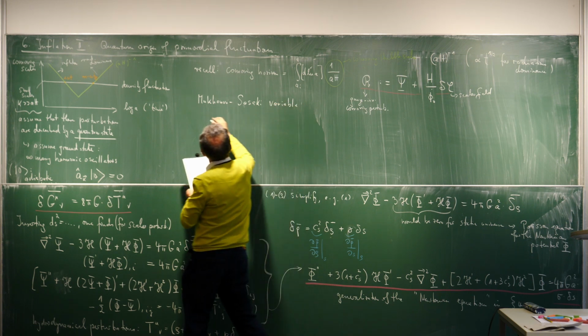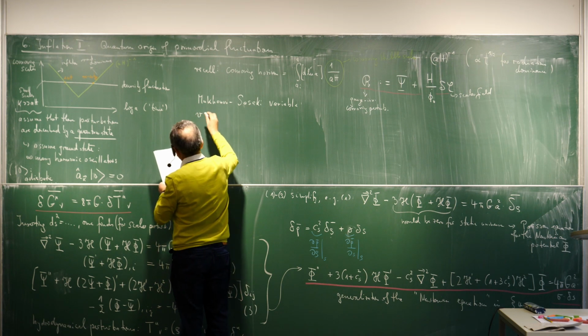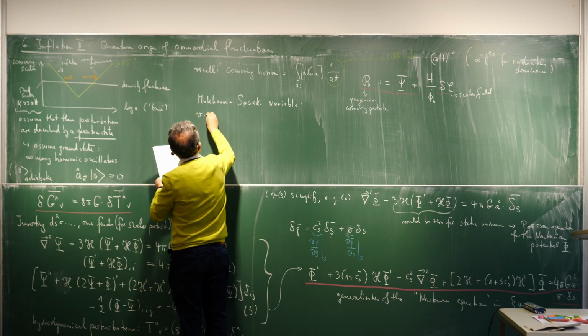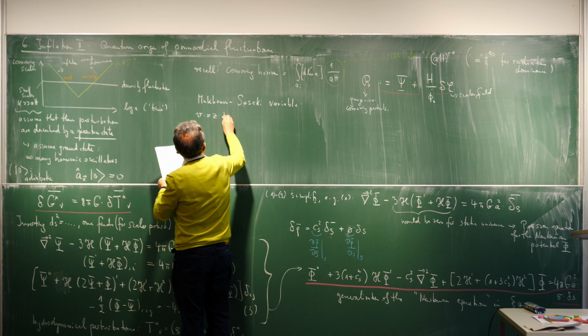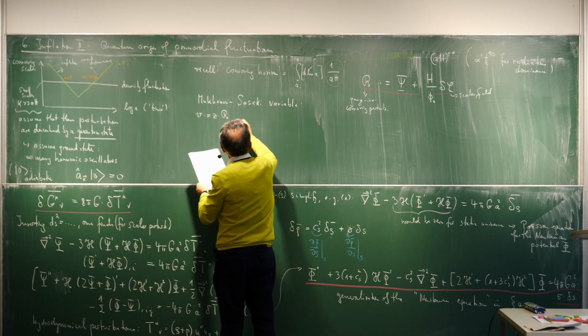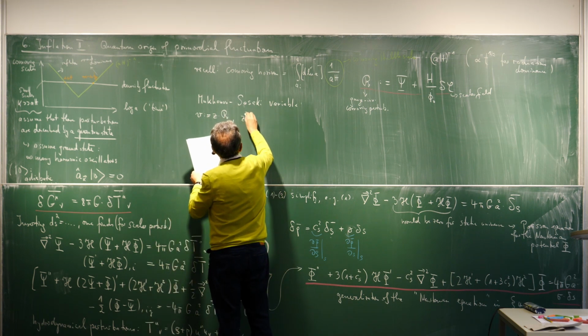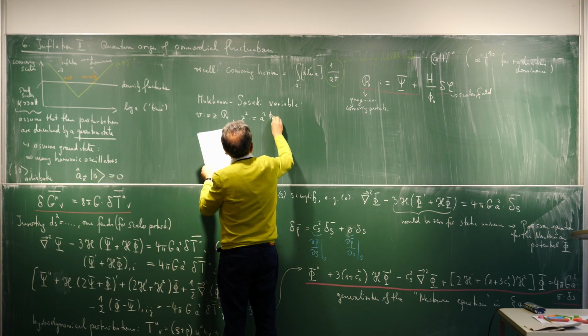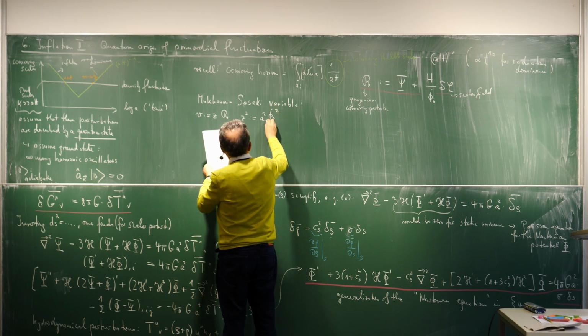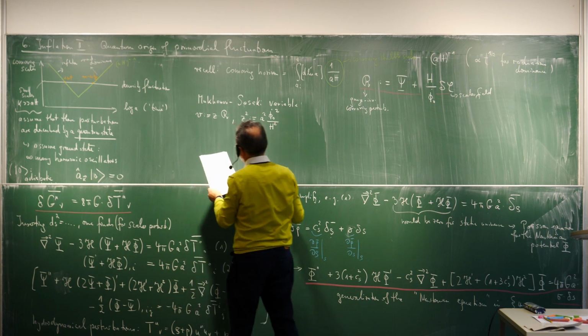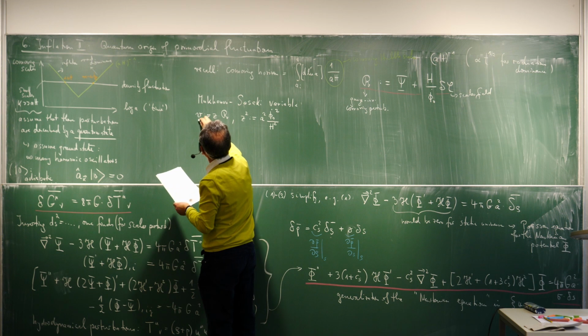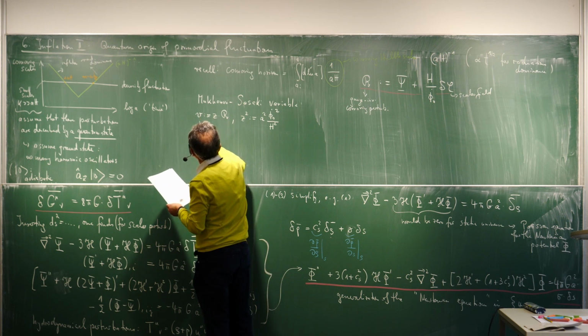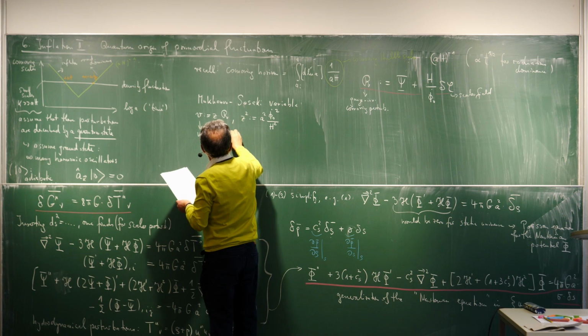For the scalar modes, it's mostly called v, which is defined as z times R. So it's related to this, but this z squared is defined as a squared phi naught dot squared over H squared. That's also gauge invariant, and in Fourier space it's just v_k.